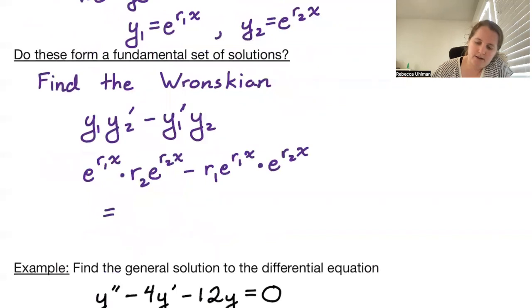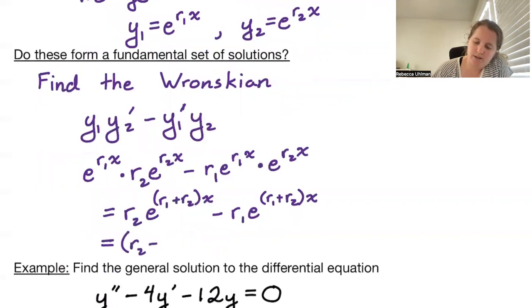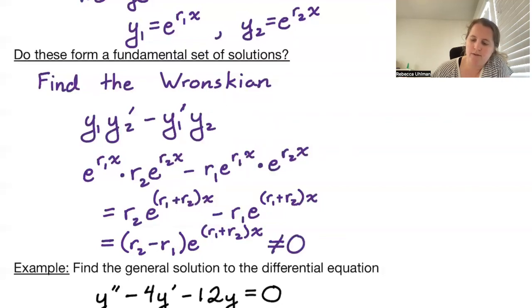So we are looking at r2 times e to the (r1 plus r2) x minus r1 times e to the (r1 plus r2) x, or (r2 minus r1) times e to the (r1 plus r2) x. And this is never 0, since we have that r1 does not equal r2.